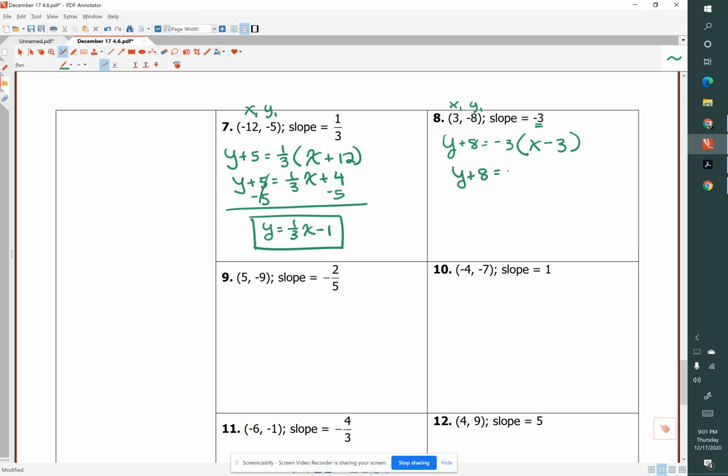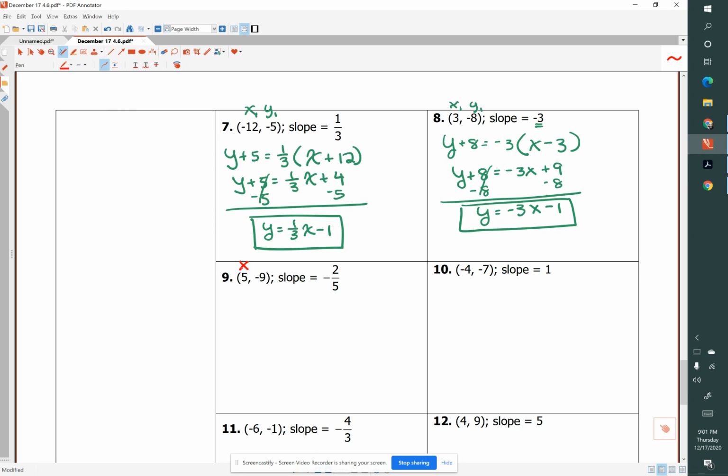Y plus 8 equals negative 3x. Negative times a negative is a positive 9. Subtract 8 from both sides. And y equals negative 3x minus 1. So all of these in slope-intercept form, we can easily graph them. So let's move on to number 9.